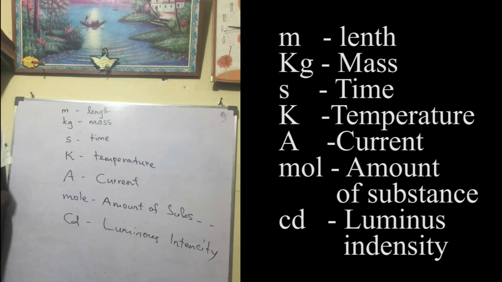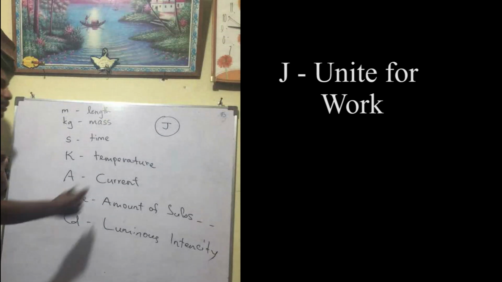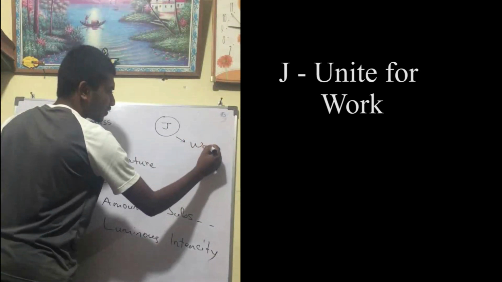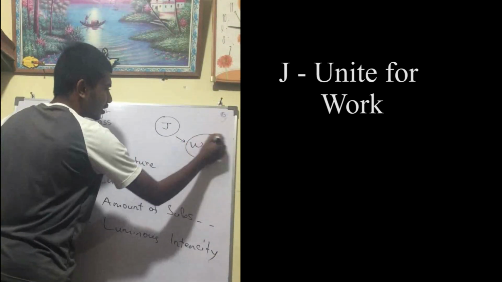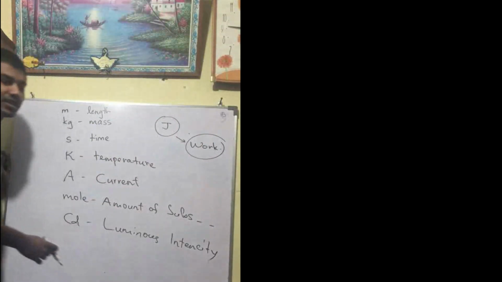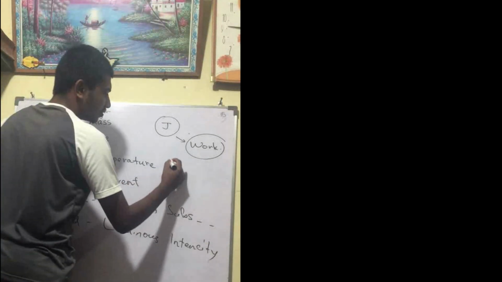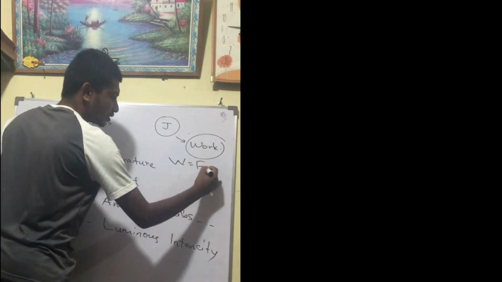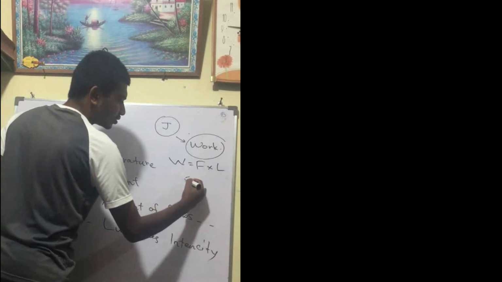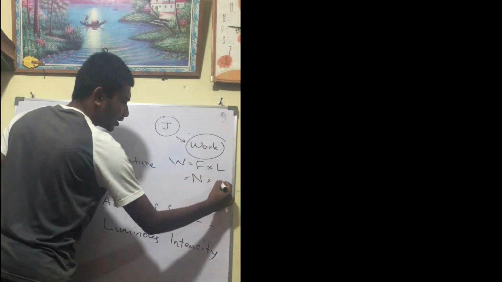So the answers, you have joule in second, right? So joule is not a fundamental unit. It's the unit for work, but this is not a fundamental unit. Joule can be written in the fundamental units. It means the work is equal to force times length, right? So for force you get Newton, and for length you get meter.